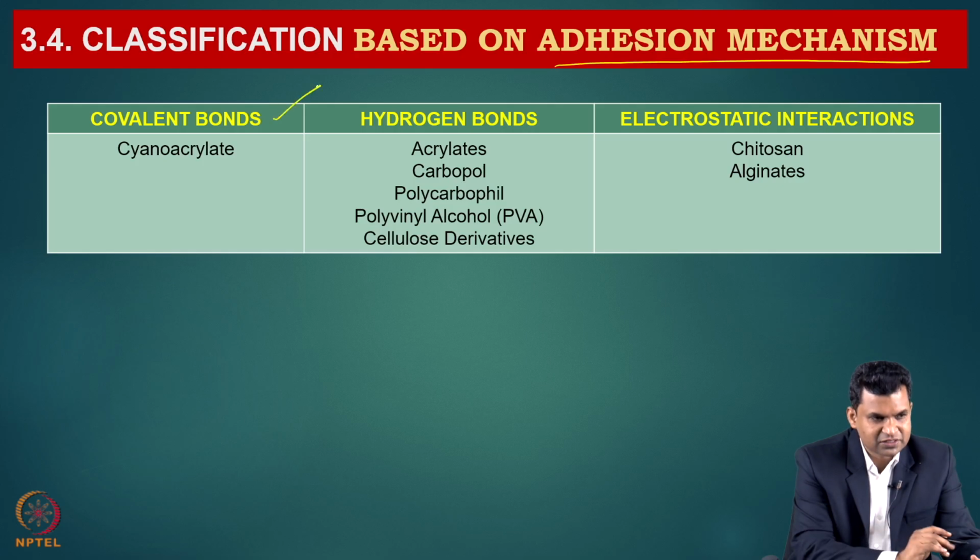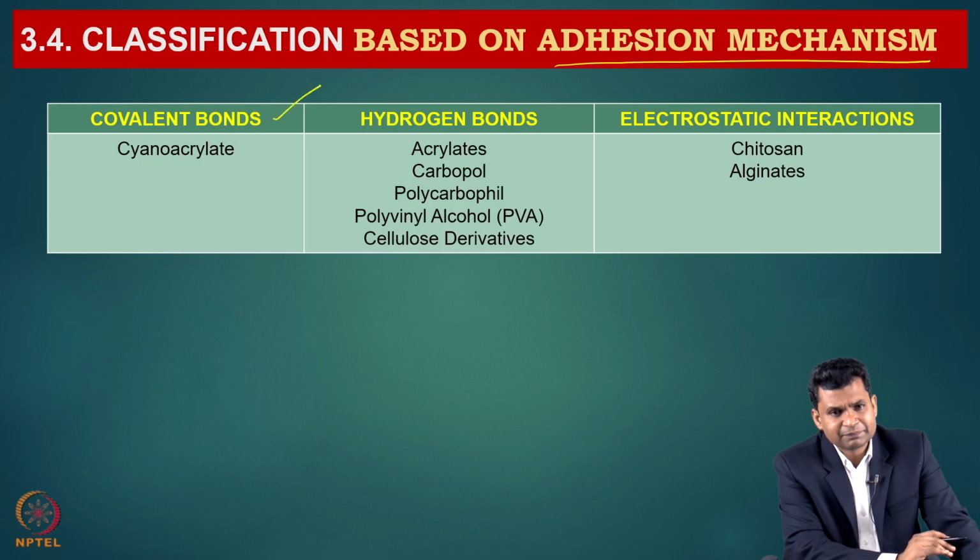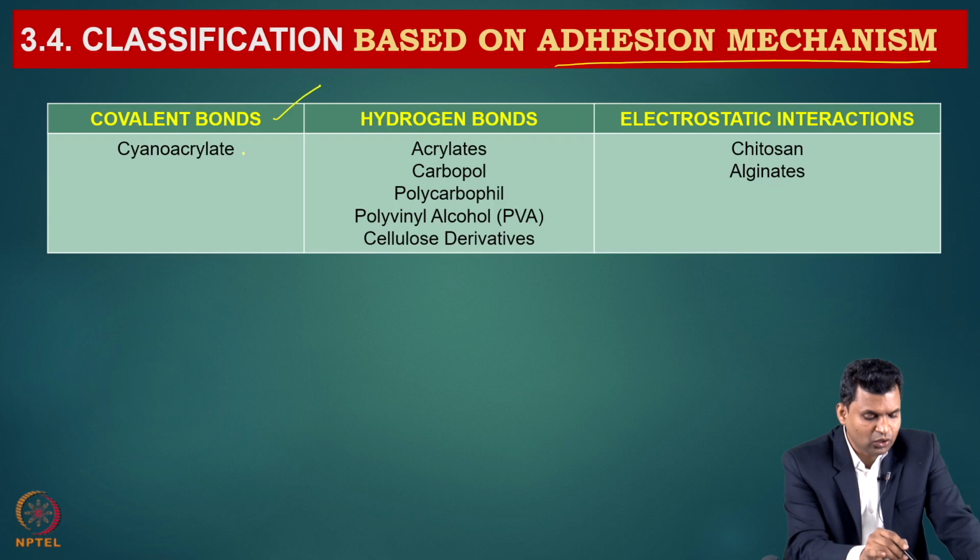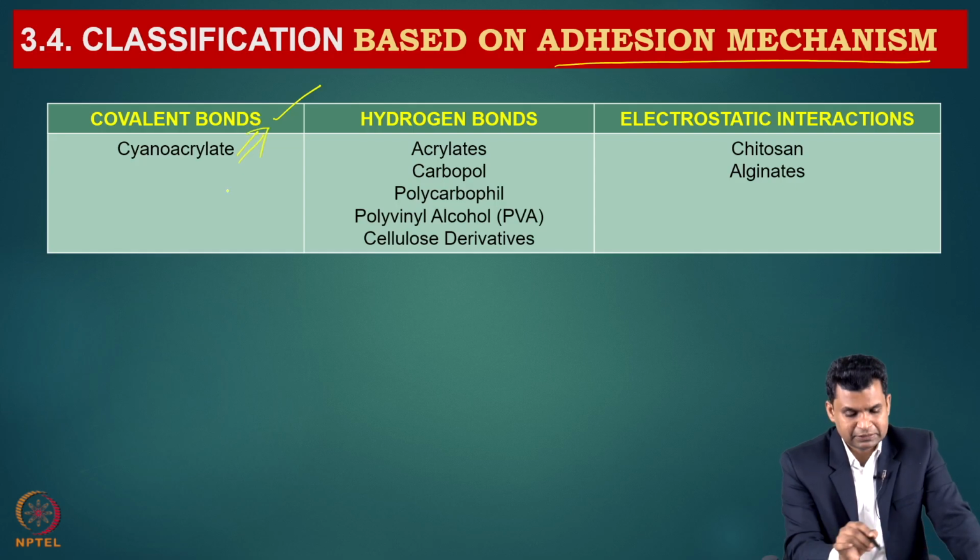The first one is covalent bonds. Here we use cyanoacrylate, which will undergo mucoadhesion with covalent bonds. These are the category of polymers: acrylates, carbophil, polycarbophil, polyvinyl alcohol and cellulose derivatives.